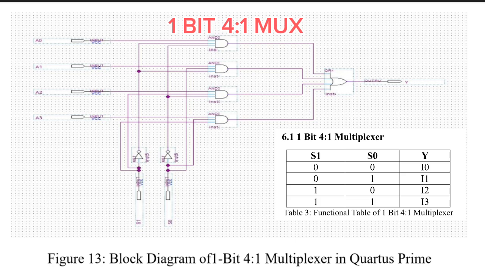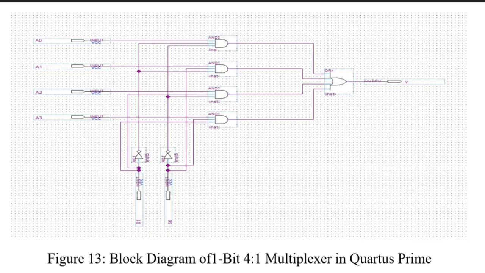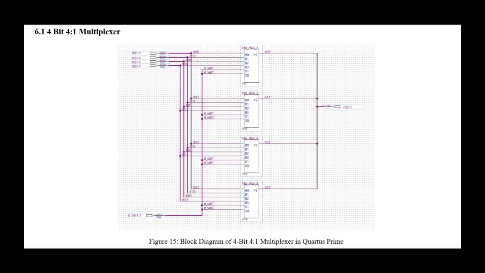So this is the functional table of the 1-bit 4x1 multiplexer. Based on the table, the Boolean expression is as shown above. So that concludes that it is built using 2 NOT gates, 4 AND gates, and 1 OR gate. By combining 4 of these symbol blocks, we will produce a 4-bit 4x1 multiplexer.